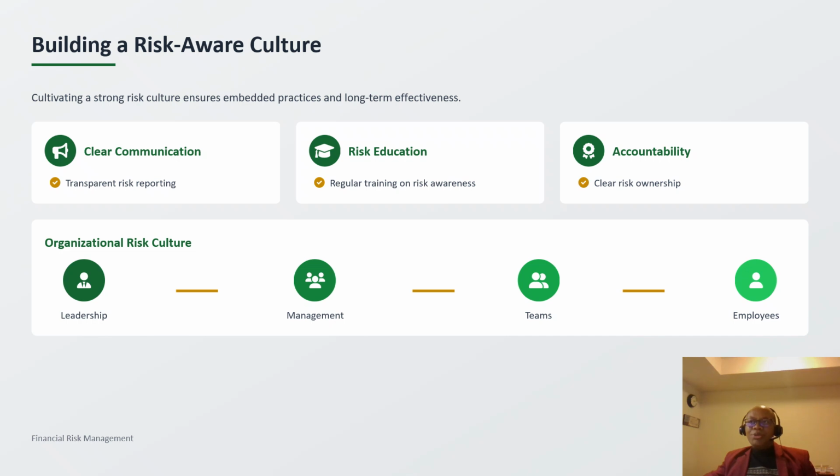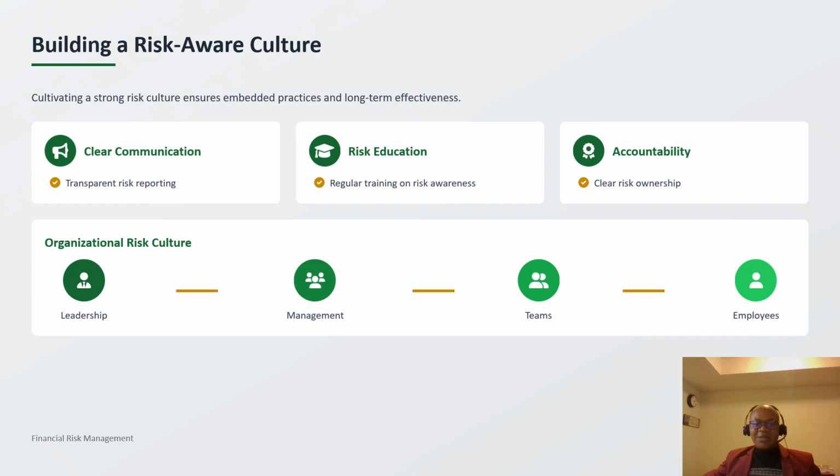In order to build a risk-aware culture across the organization, communication plays a key role, and there must be transparent risk reporting. This can also be legally binding on some organizations. Risk education is key. We must continuously train and retrain everybody across the board, not just one department called risk or safety.